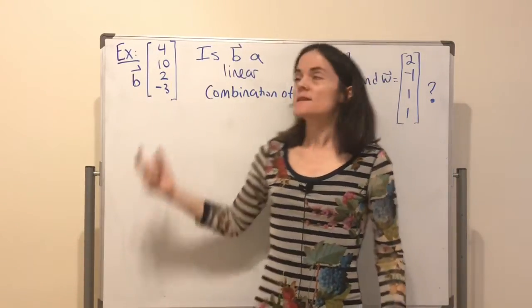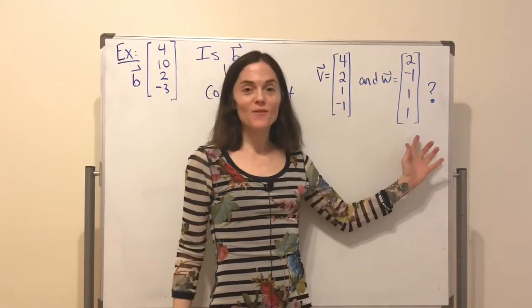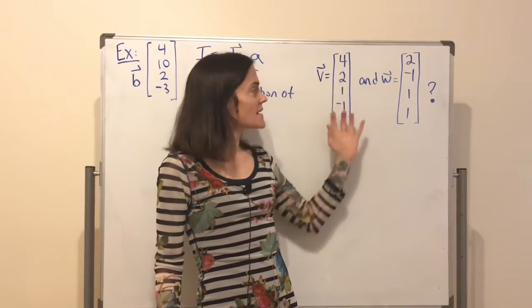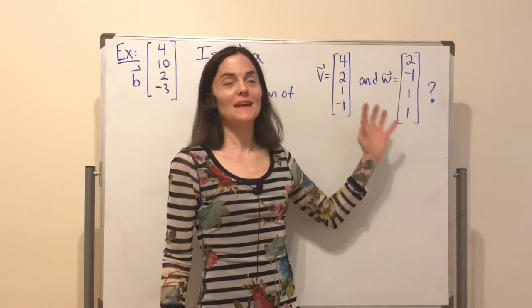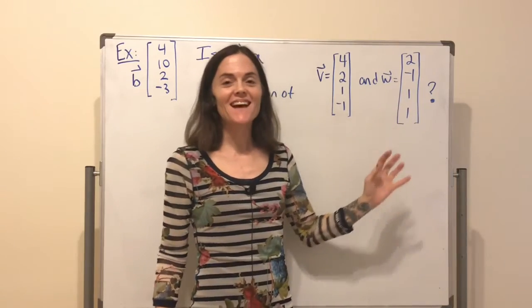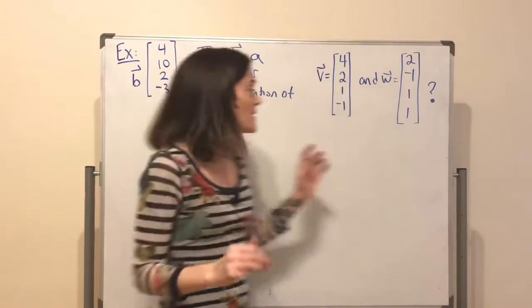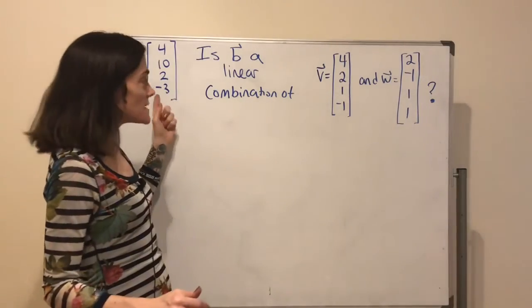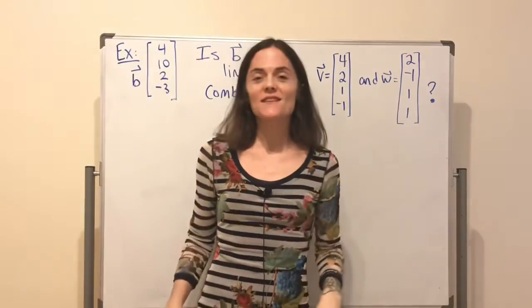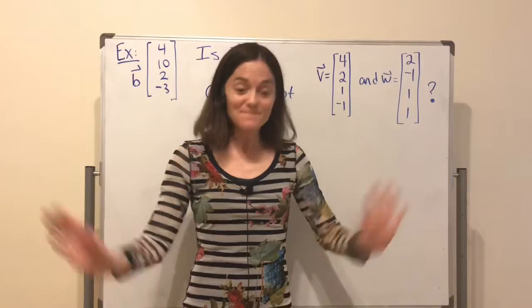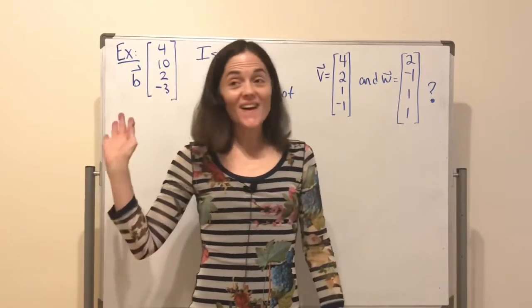So first, I had two vectors before in our first example, and they had zeros placed strategically so that I could easily figure out that this vector was a linear combination of the two, and I could find the coefficients. And I mentioned, well, they're not all this easy.